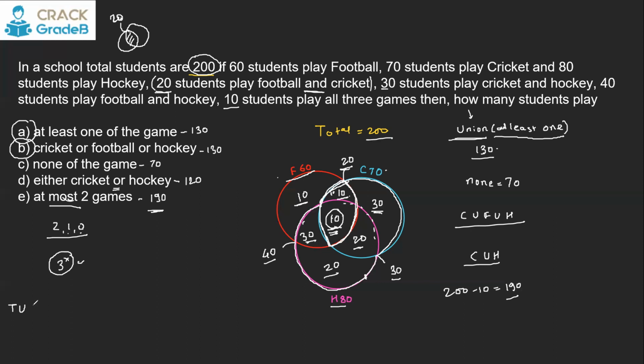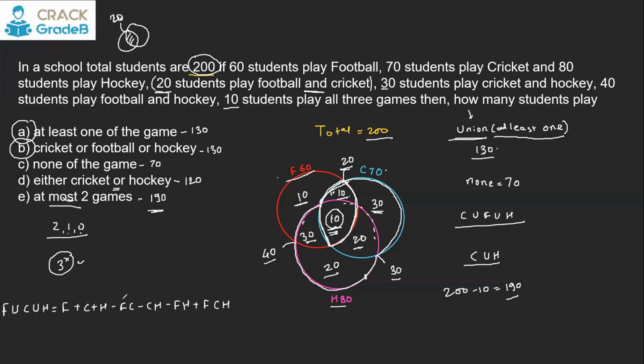Football union cricket union hockey is equal to football players plus cricket players plus hockey players, minus football cricket, minus cricket hockey, minus football hockey, plus football cricket hockey.